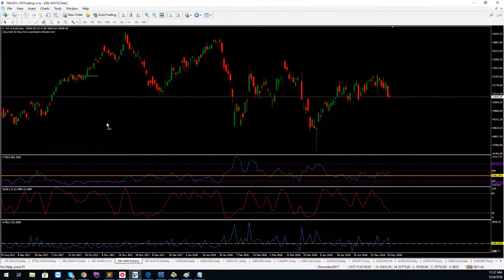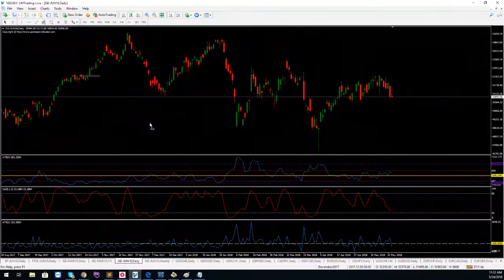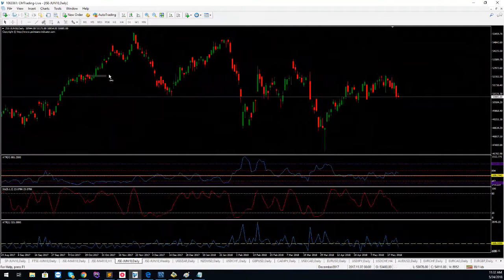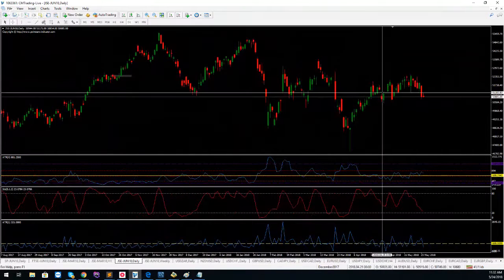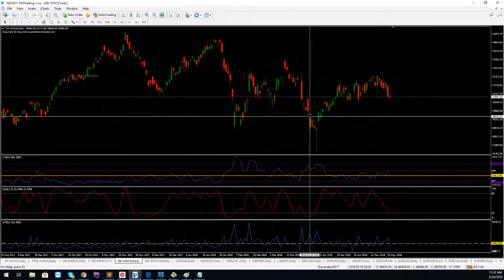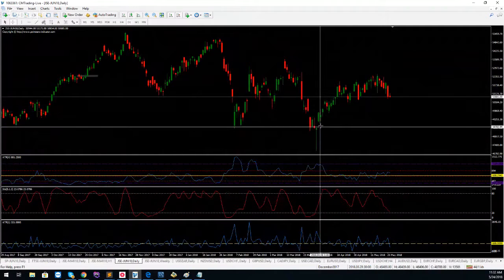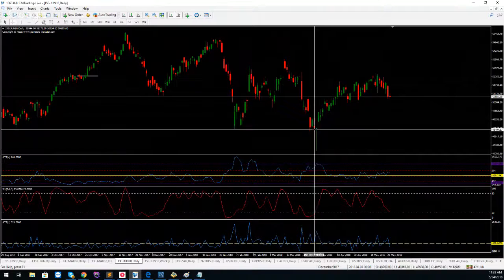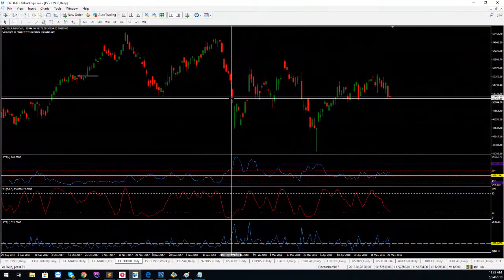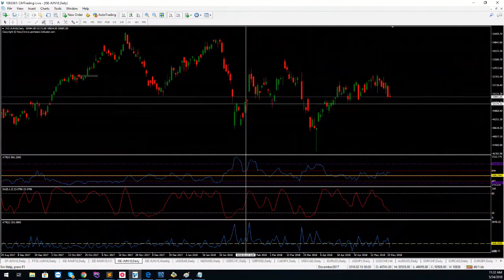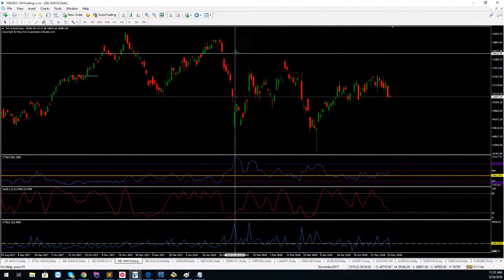So here you can see this is the Aussie daily chart over a much longer period. So there was a gap, but that gap was closed. See, so it was a gap, market went down, but market came up, closed the gap. There was a gap, market went up, closed the gap. So a gap always gets closed.